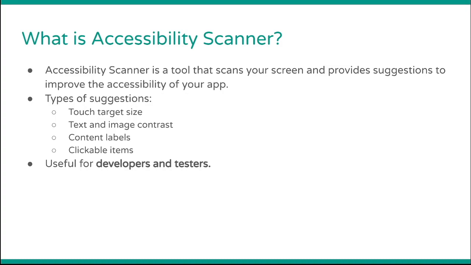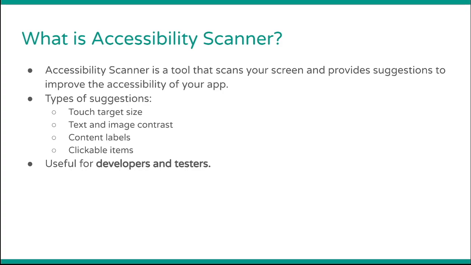In that case, the text will be barely visible, so it will suggest an error in color contrast. Next is the content label. For example, if there is an image or a button, it would suggest that we add a label or content description, so it will be given as output in TalkBack.